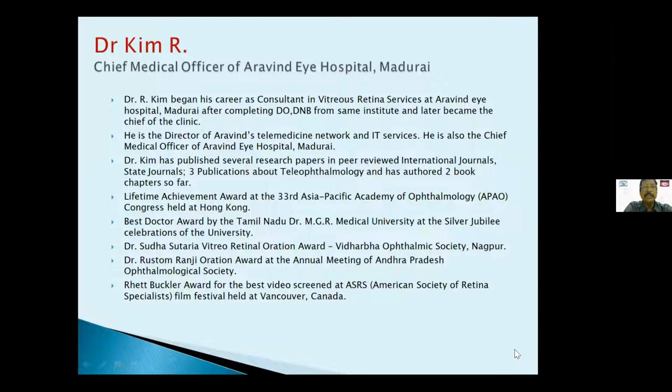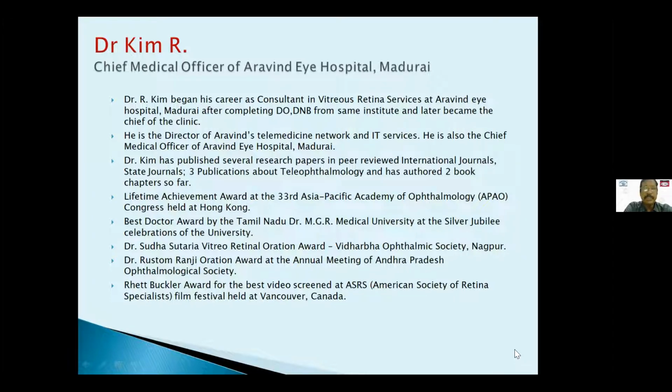Presently, he is the director of Aurobindo's telemedicine network and IT services, and also the chief medical officer of Aurobindo Eye Hospital, Madurai. He has published several publications in peer-reviewed international journals, national journals, and state journals, and also 2 book chapters so far.